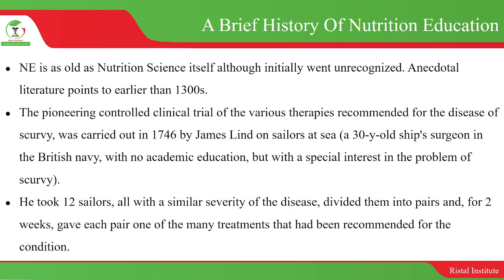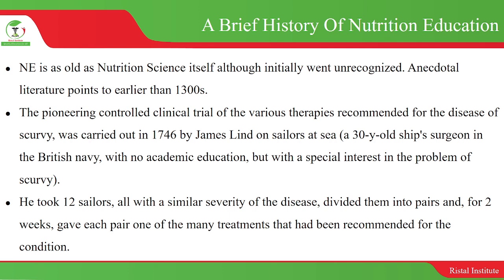And the pioneering controlled clinical trial of the various therapies recommended for the disease of scurvy. This study was carried out in 1746 by a scientist known as James Lind on sailors at sea. James Lind was a 30-year-old ship's surgeon in the British Navy.